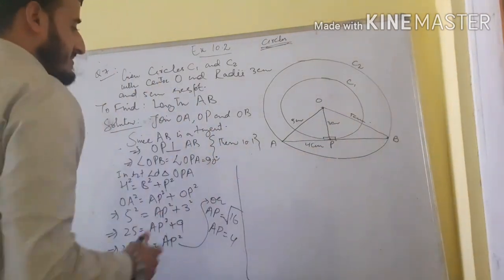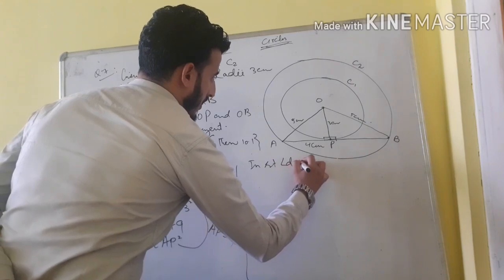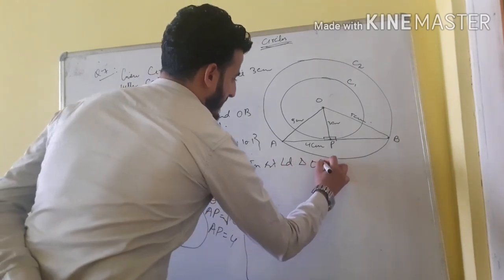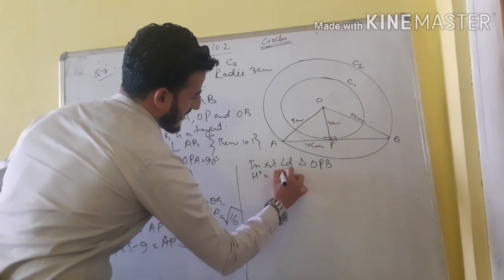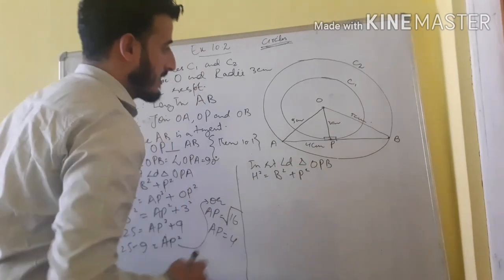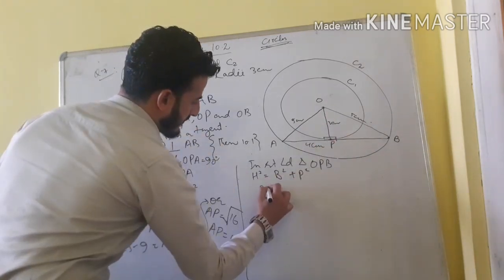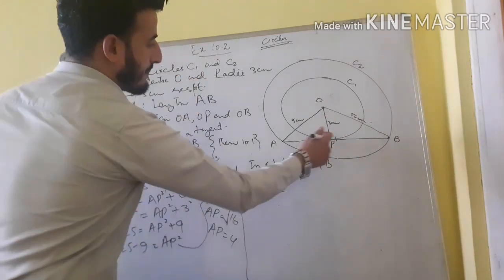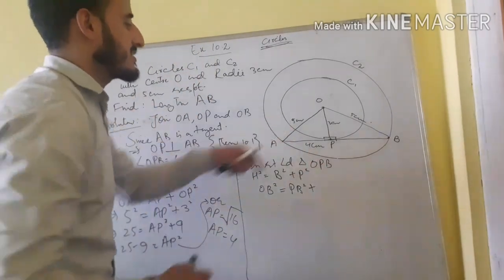Now coming to the next, in right angle triangle OPB, again hypotenuse square is equal to base square plus perpendicular square. Here the hypotenuse is OB, so OB square is equal to PB square plus OP square again.